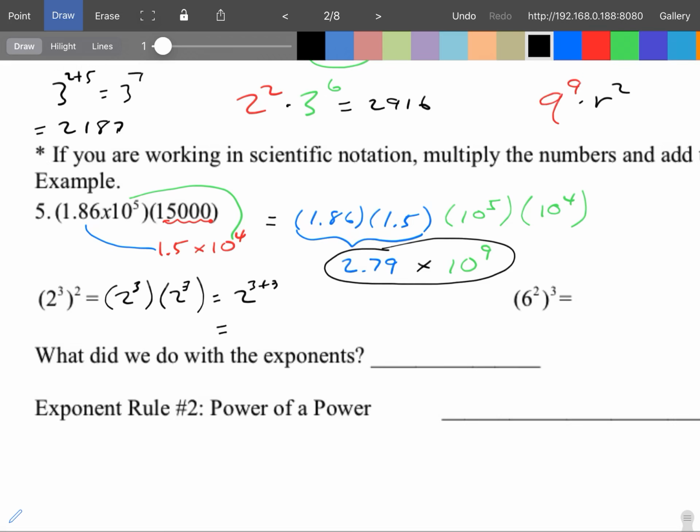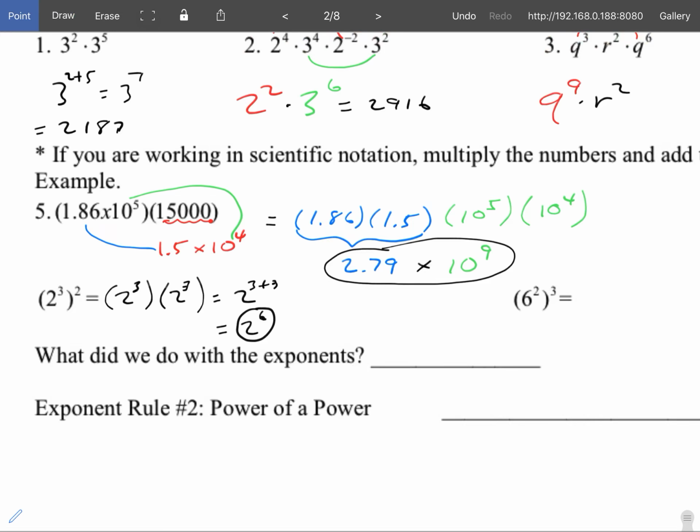So we end up with just 2 to the 6th power. Well, if we ended up with 2 to the 6th power, what did we do to these powers right here? Multiply them. Very good, yes. So when you have a power raised to a power, you multiply the exponents.